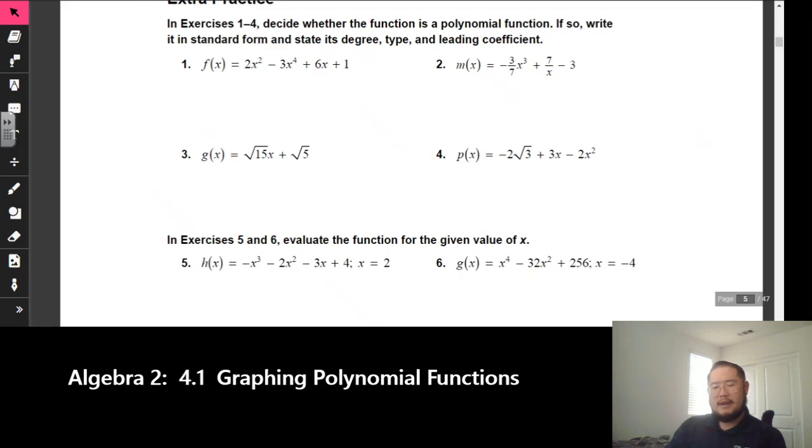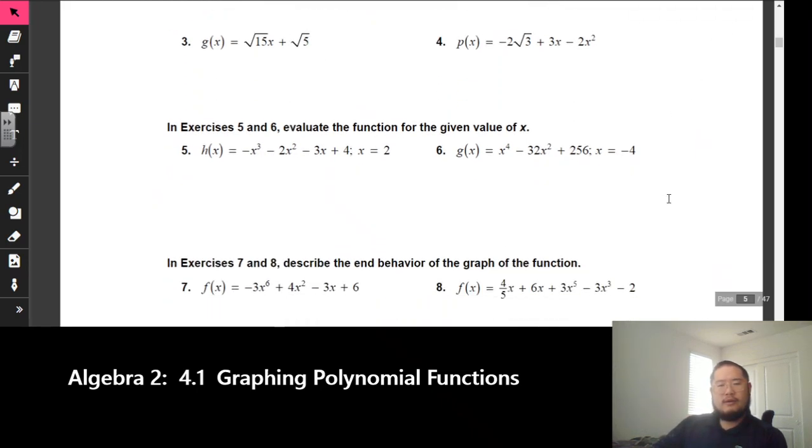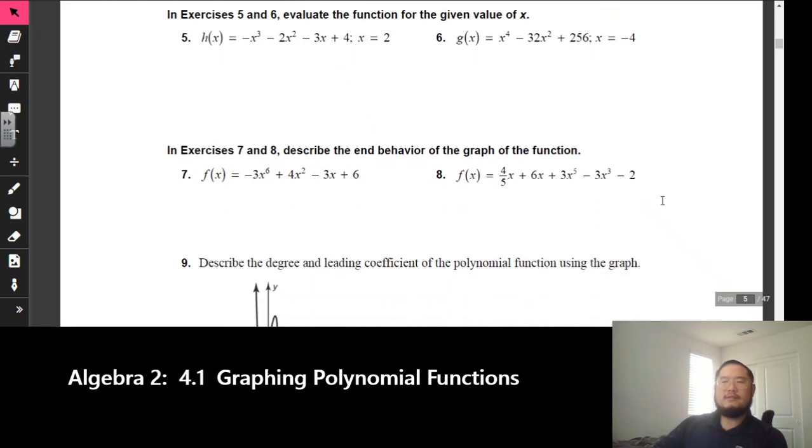Let's take a look next up at number 5. Now, it says evaluate the function. It's usually pretty easy. However, when we have signs like negatives in front, that makes things hard. Now, the main thing that I have to tell you here is this. Your calculator is not as smart as you think. It's only as smart as its user.